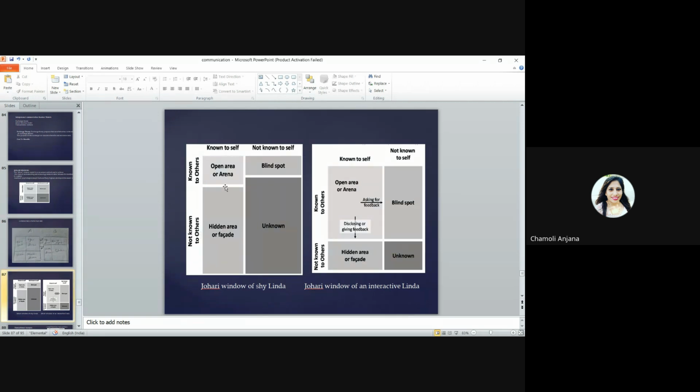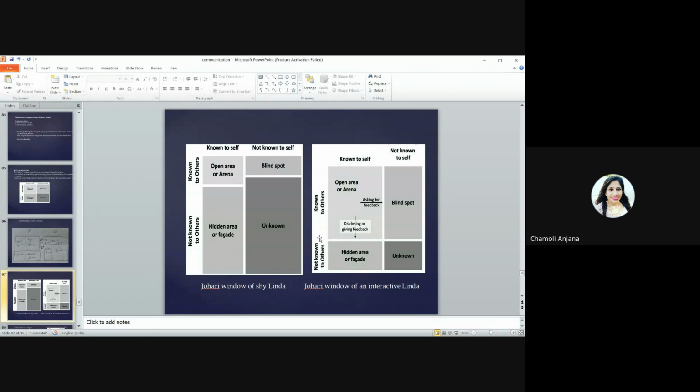So the open area can increase this way by reducing the hidden area. If you disclose yourself more to others and give feedback to others, this gives more information to others about yourself, so the part that is unknown to others will automatically become small.